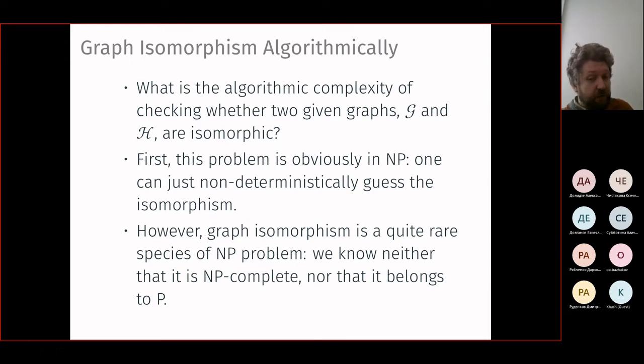So there is no known P algorithm for it, no polynomial algorithm. If you manage to do this, you could probably become very rich. But this is not hopeless, because on the other side, nobody knows that it is NP complete. So, even if P is not equal to NP, nobody knows whether there is an intermediate problem. It's, as I said, quite a rare situation.